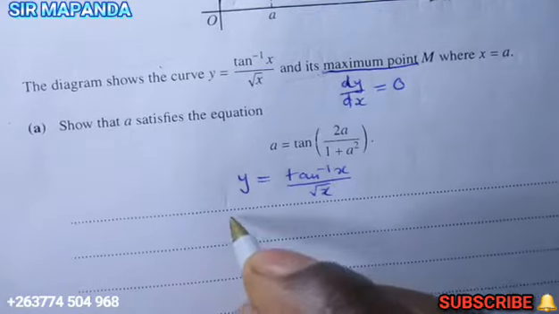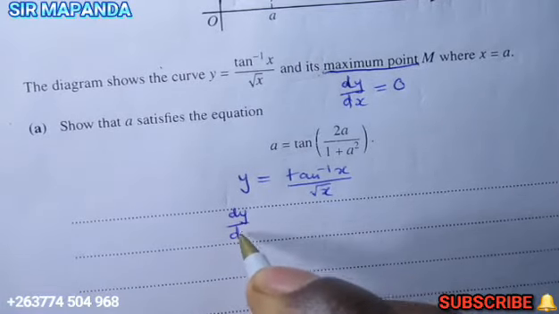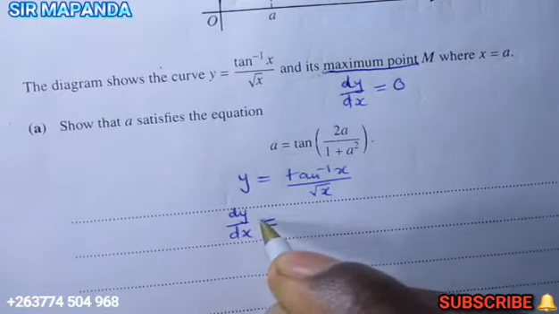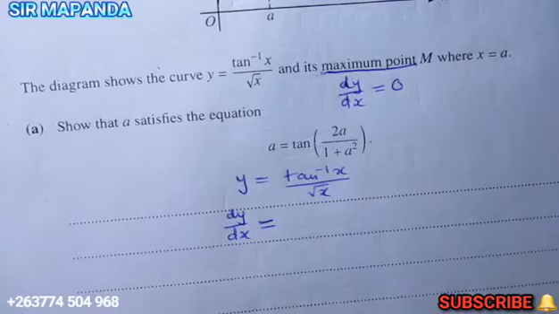Right. So dy/dx equals, since we have a numerator and a denominator and the functions are different, we have algebra and the trig above, we can make use of the quotient rule. Right.